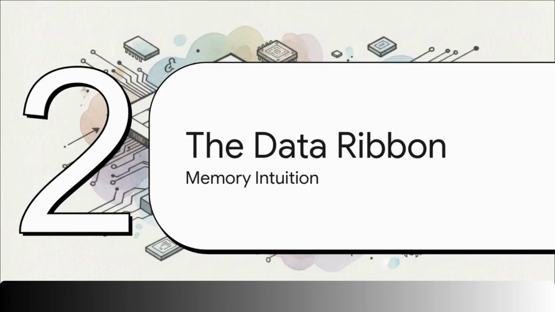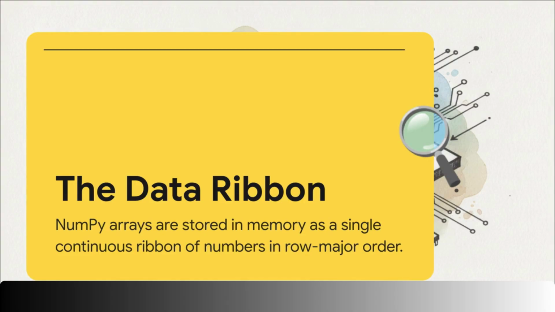Moving on to part two, the data ribbon intuition. This is all about memory. Now that we have the mathematical why, let's talk about the software how. There's this incredible mental model from the Python Alchemist blog that is just foundational. See, when you create, say, a 3x4 array in Python, it doesn't actually live in your computer's RAM as this nice, neat 2D grid.